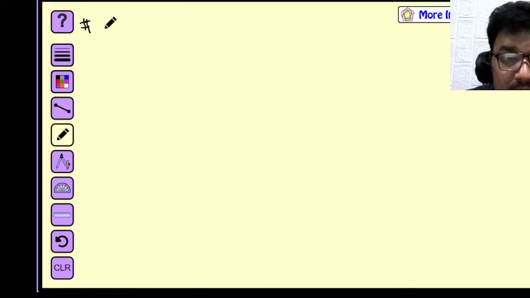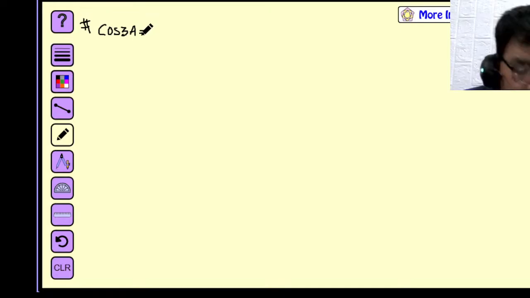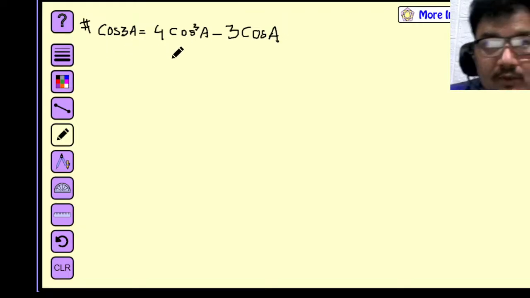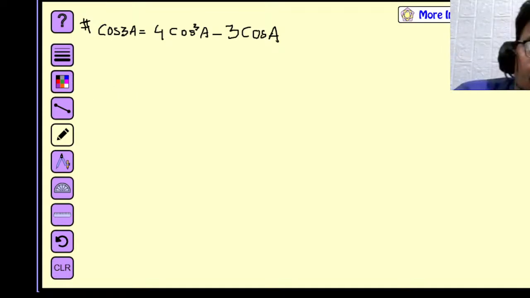Its formula is 4 cos cube a minus 3 cos a. That I want to show you here: how the formula of cos 3a comes, 4 cos cube a minus 3 cos a.